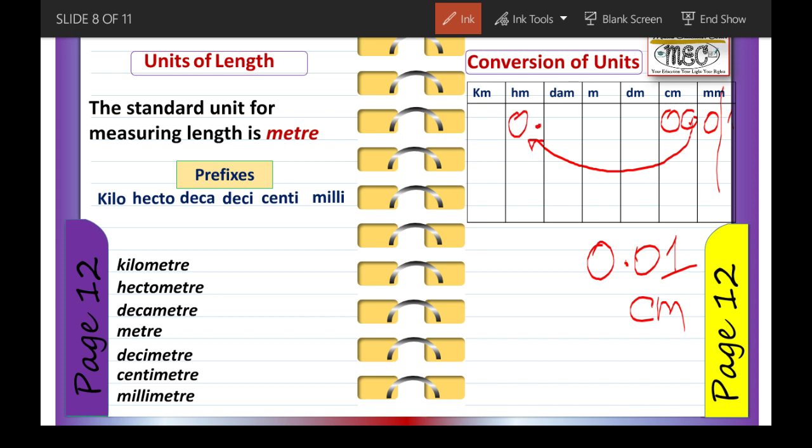And then these remaining gaps will be filled in with zeros. So 0.01 centimeters is equal to 0.0000001 hectometers. As I was saying, this one is equal to this, but because you are adding many zeros, that is why you say that millimeter is smaller than hectometer, and hectometer is bigger than millimeter.